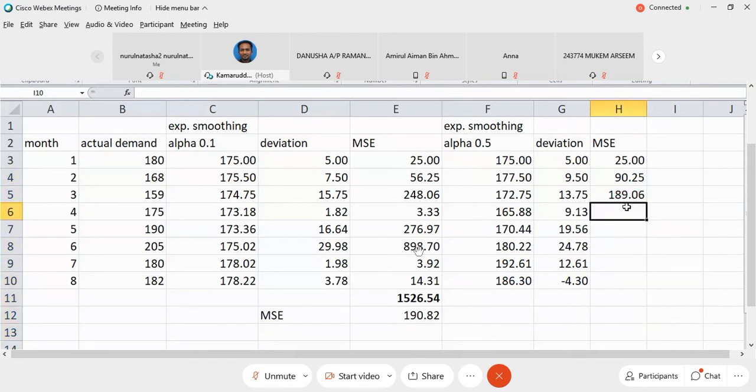Okay. So we repeat this process to get all the errors under the mean square error.